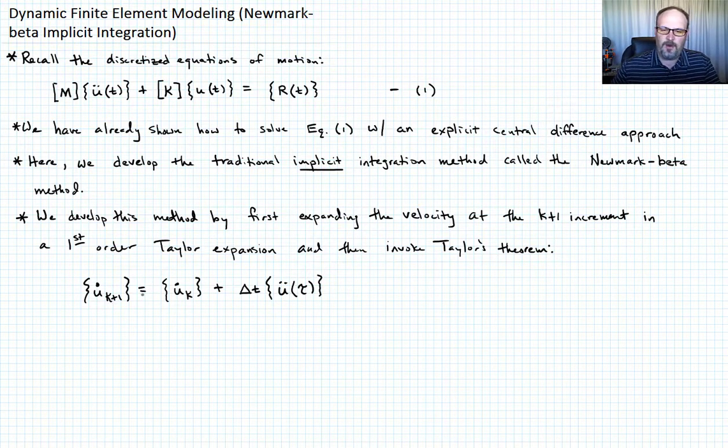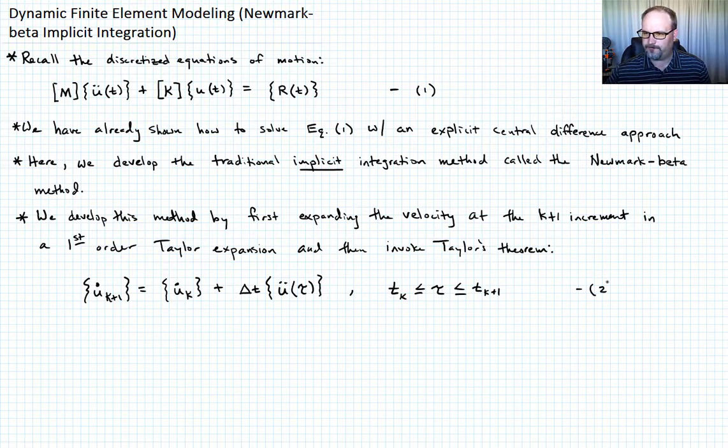Well, I didn't write approximately equal to, I wrote equal to. This is what I mean by invoking Taylor's theorem: it is exact, provided that tau is somewhere between the time value at the kth time and the time value at the k plus 1 time. Let's call this equation 2.